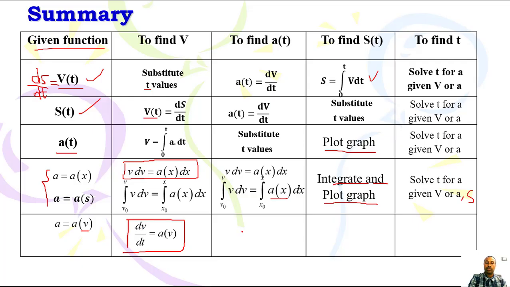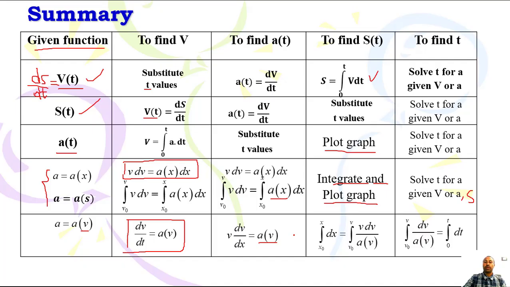Then finally, you can go to this equation, v dv over dx is equal to a of v, to find the acceleration. Then you substitute the time and the velocity. Then finally, you will use this equation to find s of t, integrate dx, and then you have this equation. So these are the summary table for calculation.